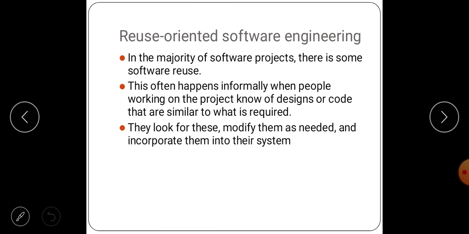It means we are going to use software reuse in many projects. For example, in the bank project we have given, we are going to copy some of the software methods, that is software reuse.